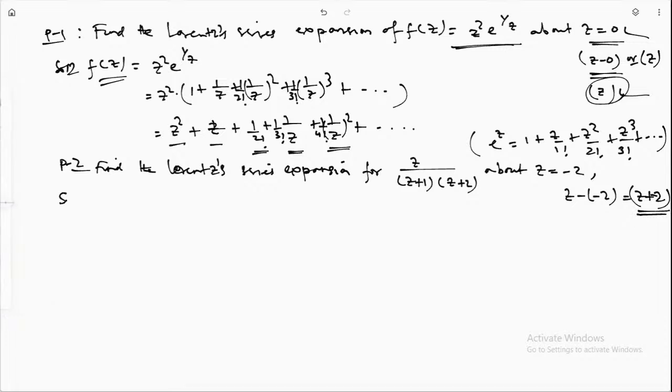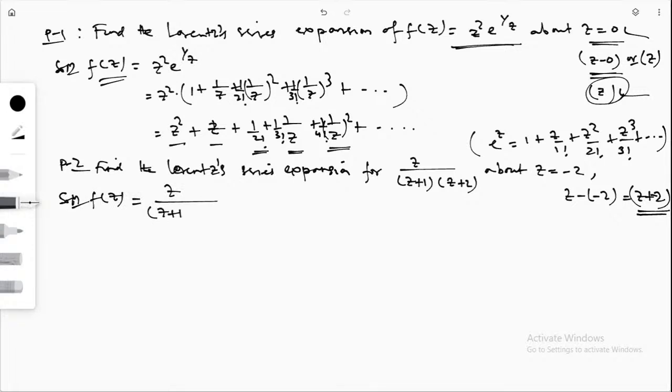So here f of z is z divided by z plus 1 whole into z plus 2. If you apply partial fractions, then you may write this as 1 by z plus 1 plus 2 by z plus 2, using partial fractions.